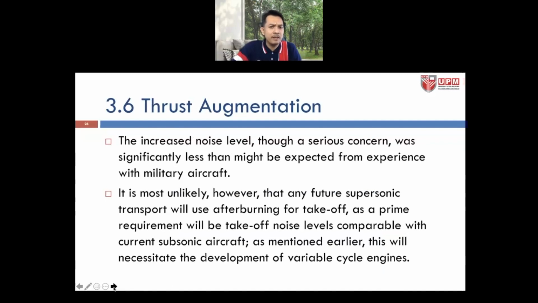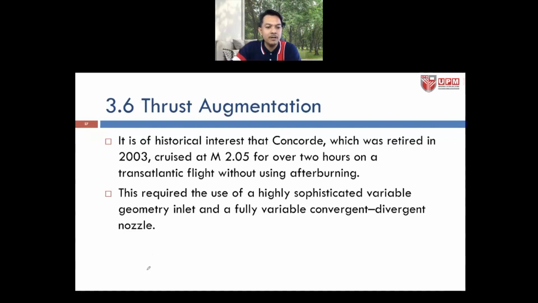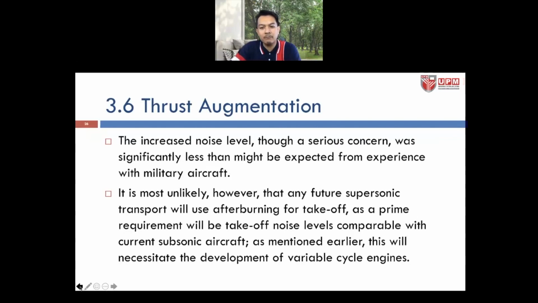The increased noise level, though a serious concern, was significantly less than might be expected from experience with military aircraft. It is most unlikely, however, that any future supersonic transport will use afterburning for takeoff, as a prime requirement will be takeoff noise levels comparable with current subsonic aircraft. As mentioned earlier, this will necessitate the development of variable cycle engine.